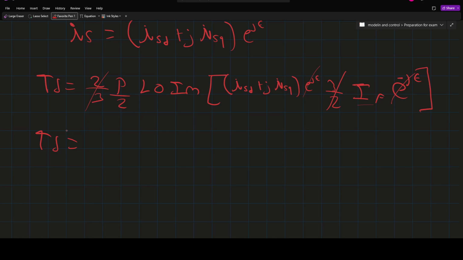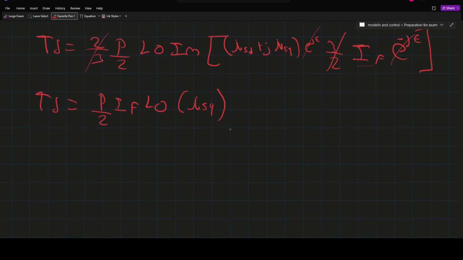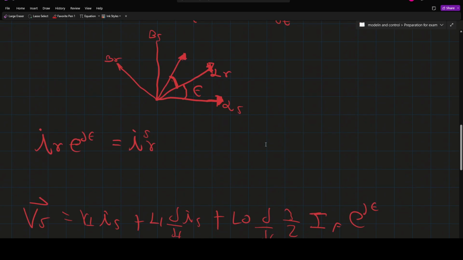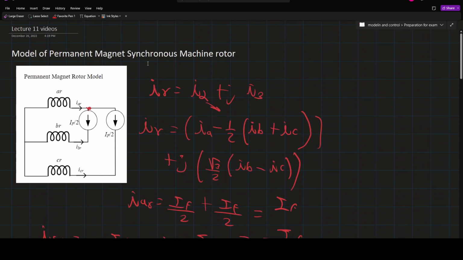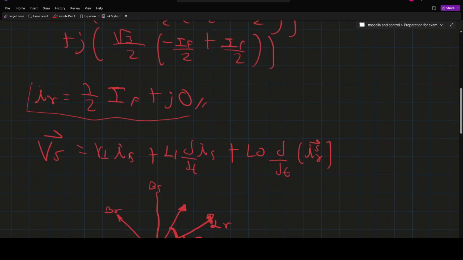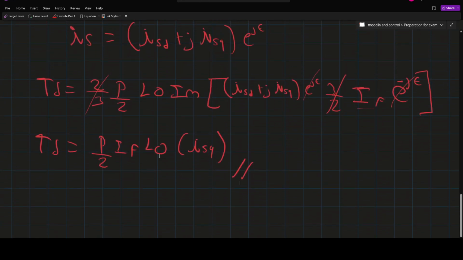IF is constant, so we are gonna get P over 2 IF L naught, and the imaginary part of this is I_sq multiplying IF. And like this we get our developed torque formula for our permanent magnet synchronous machine. Now we are not inducing currents in the coils in the rotor. Okay, I hope this helps.